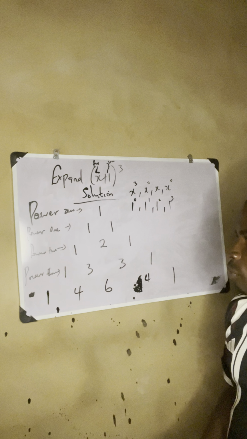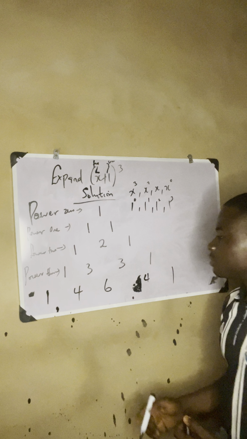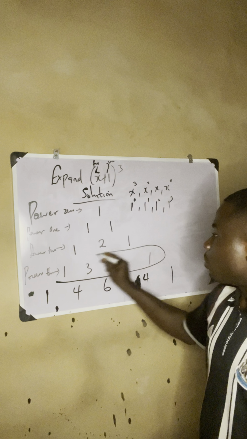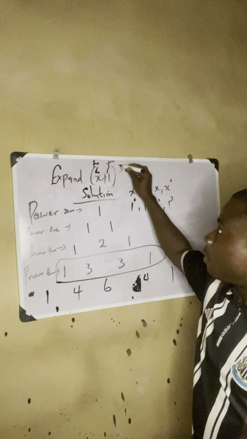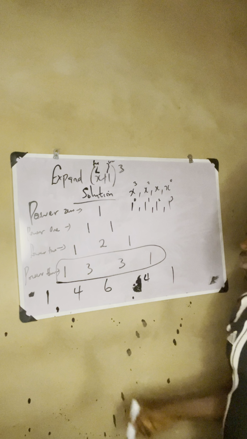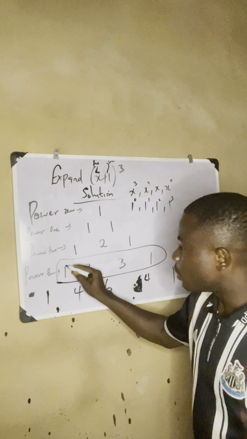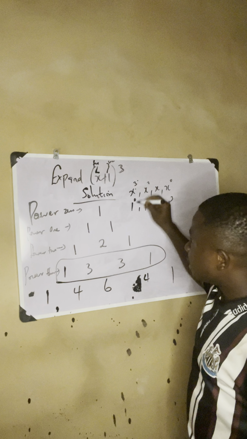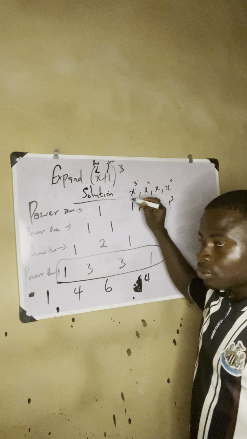Remember we are going to use this one, because it was raised to power 3. So I'm going to multiply the coefficient by x raised to power 3 and 1 raised to power 0.